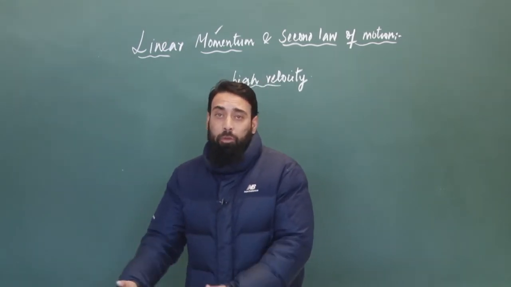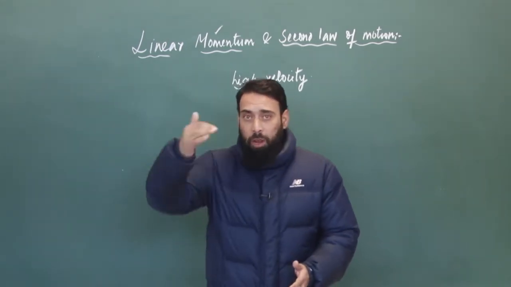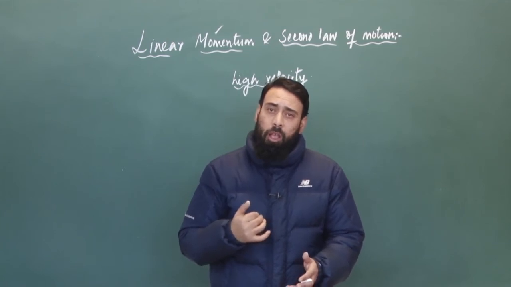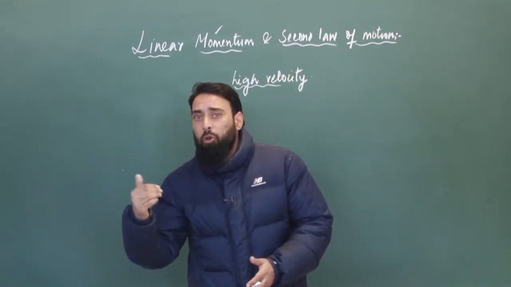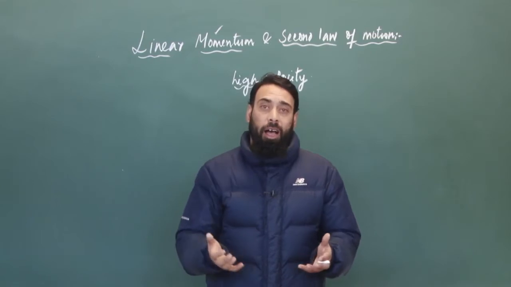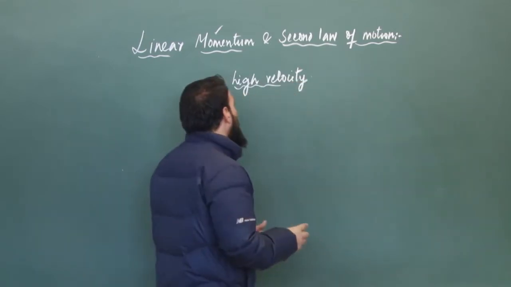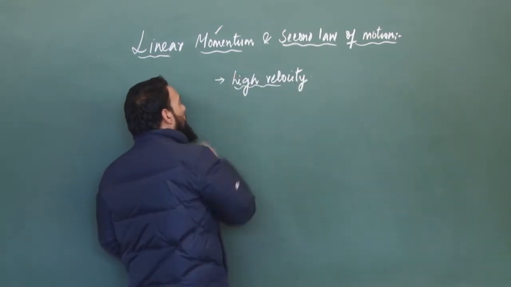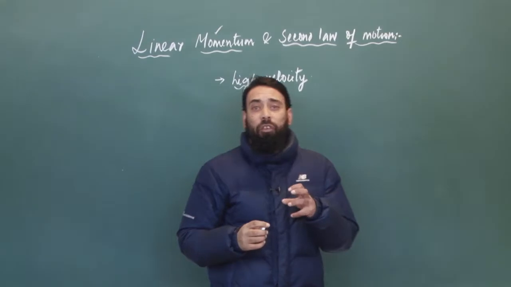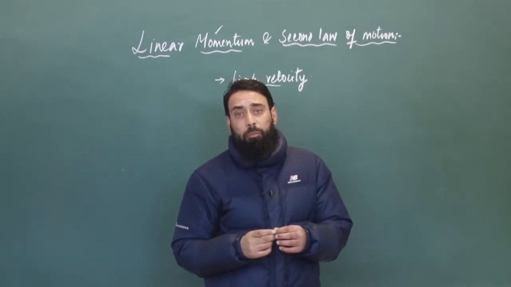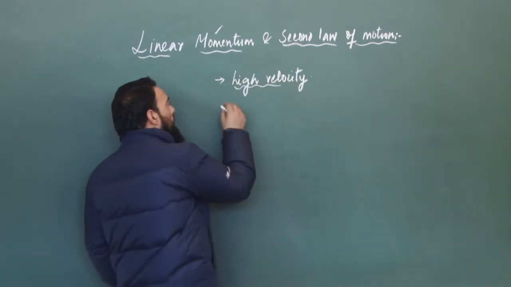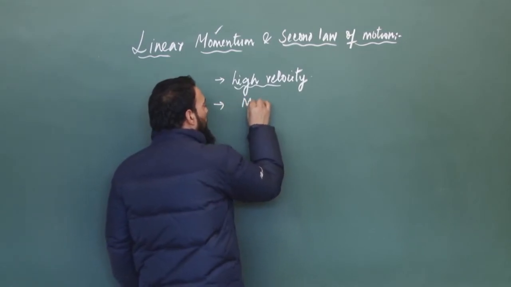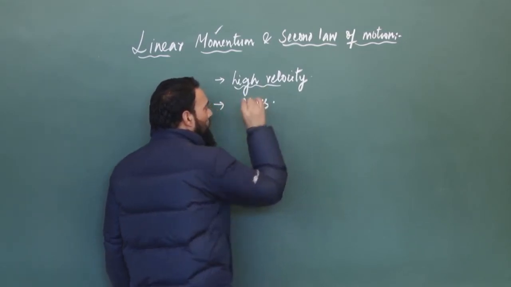You are not in a position to stop that stone when it is rolling from a hill, because that stone has high mass, and its quantity of motion when it rolls down is high. So in this second example, you see that the momentum of that stone is described by the mass of the body.